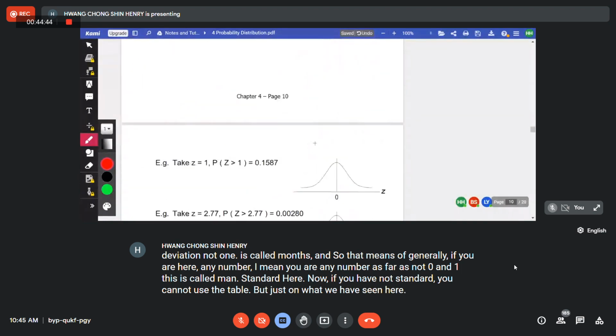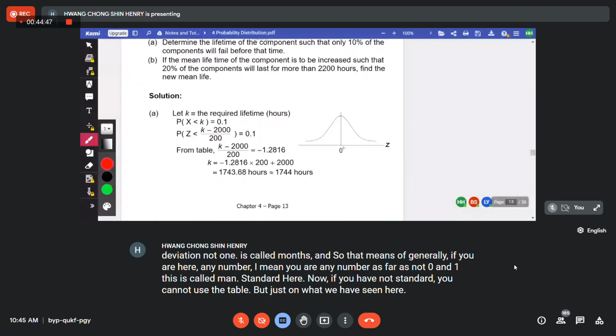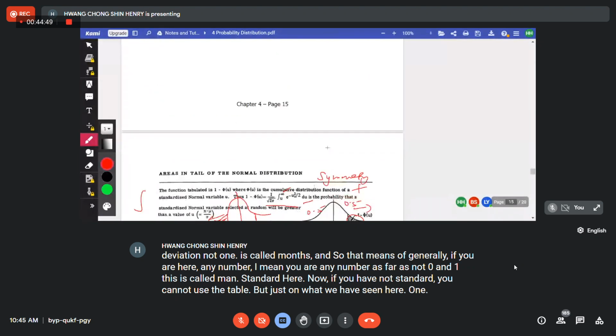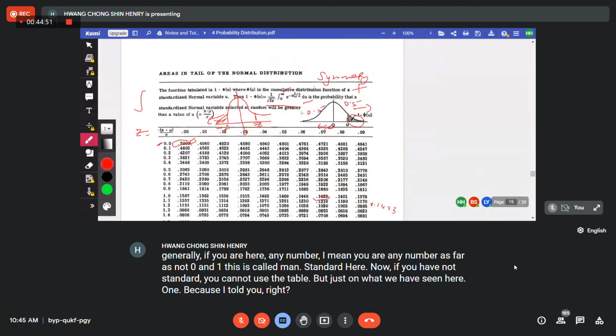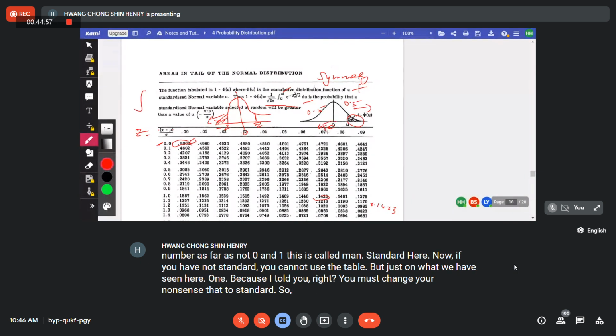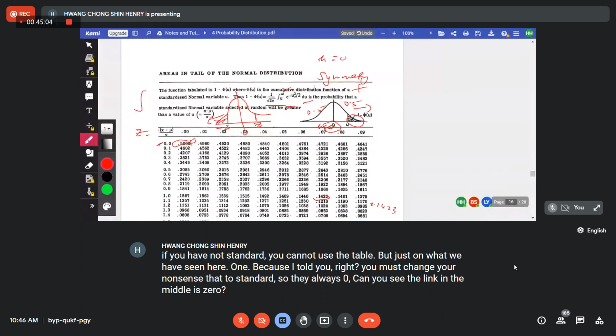Remember the table? Why? Because you must change your non-standard to standard, so that the mean is always 0. Can you see the mean in the middle is 0? And the standard deviation always equals 1.